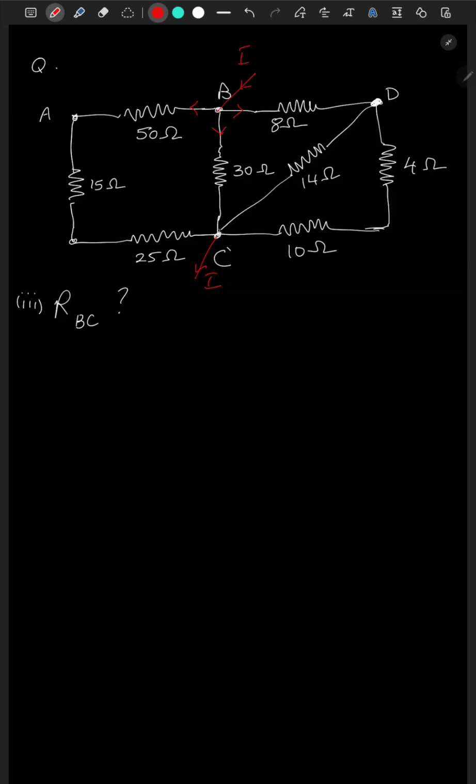So one would travel directly from B to C across 30 ohm resistance, and part of it will go to the 50 and the 15 and the 25. So the same current will travel here to the node C, and this part of the current will go to the node D and divide again. The same current will go toward the 4 ohm and the 10 ohm resistance.